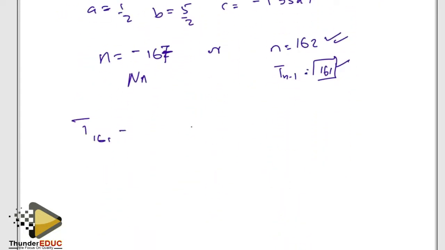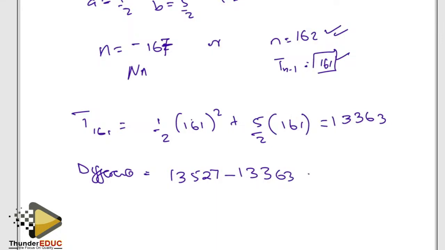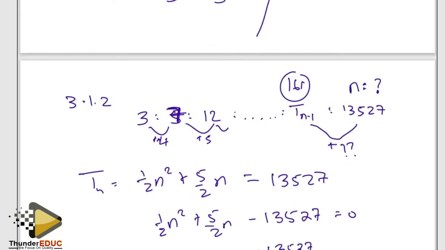So 161 is a half times 161 squared plus 5 over 2 times 161, and I'm ending up with 13363. And then the difference is 13527 minus 13363, and this gives me 164. So this is the answer that they want: the number that must be added to the Tn minus 1 to give you that.